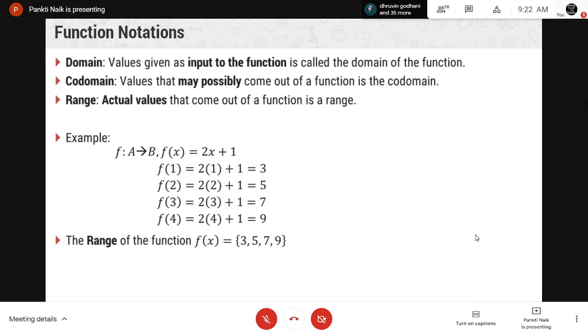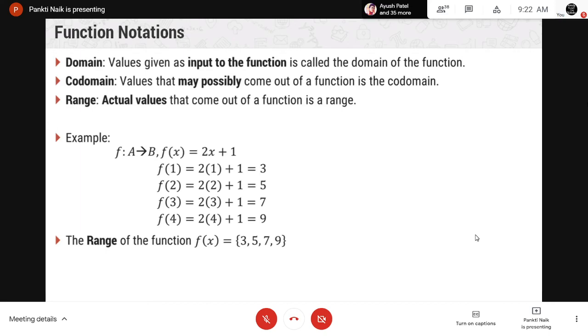So in a function, whatever input we give, that is known as the domain of that function. Then codomain. Now what is codomain? Values that may possibly come out of a function are the codomain. So its output, that is known as the codomain. And next is range. Actual values that come out of the function are called the range.